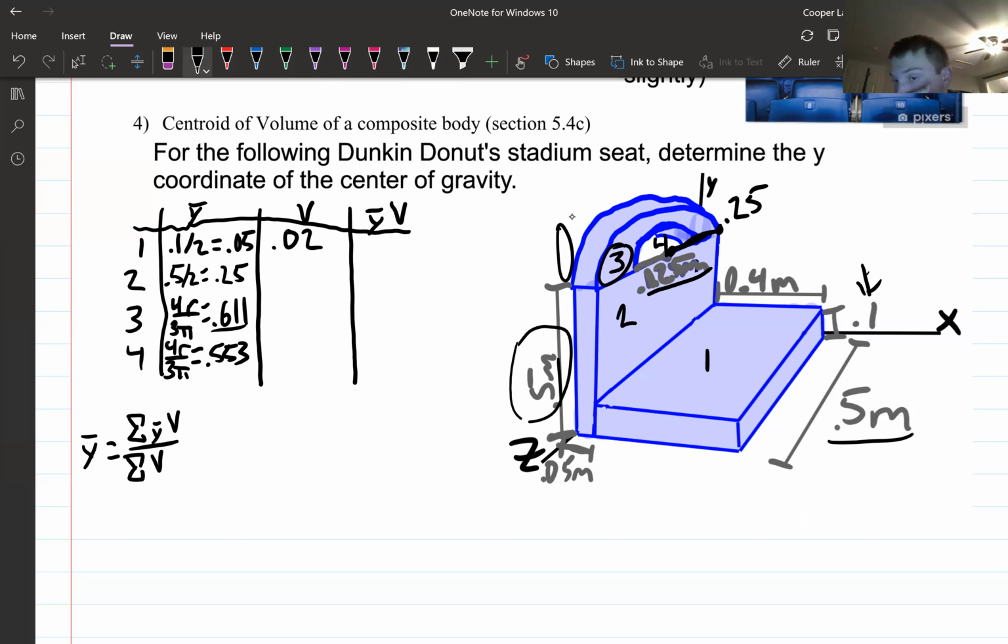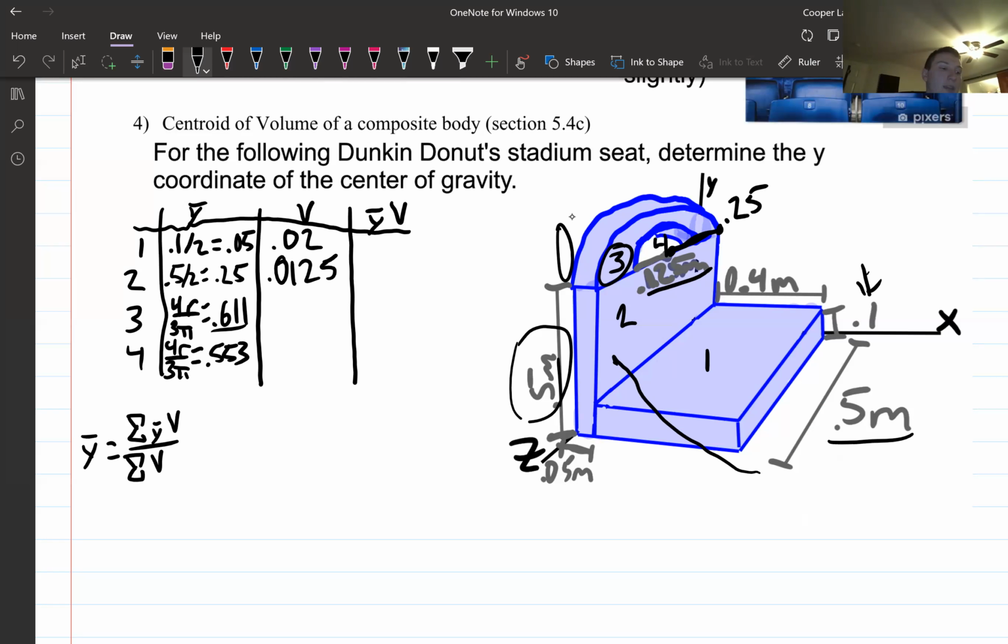I do the same thing for my vertical one, where I do 0.5 times 0.05 times 0.5 as well, because shapes 1 and 2 are the same width. When I do that, I get 0.0125, if that makes sense.